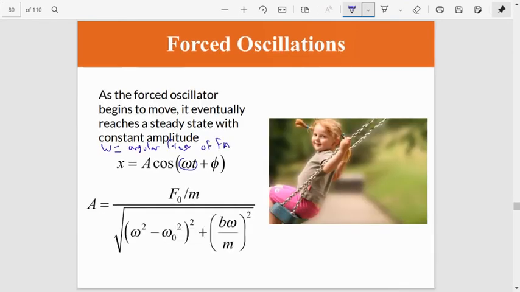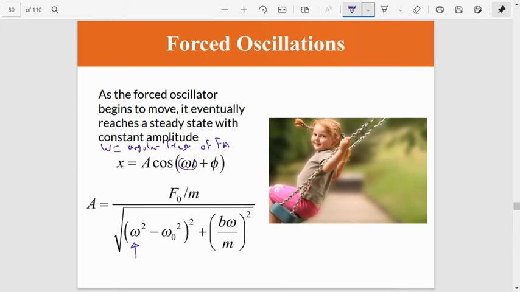The way to remember this again, the formula is a mouthful, but essentially, if you look at the amplitude for a forced oscillator, at the top you have this term F naught, the maximum applied force. Then at the bottom, this omega squared accounts for the applied force.